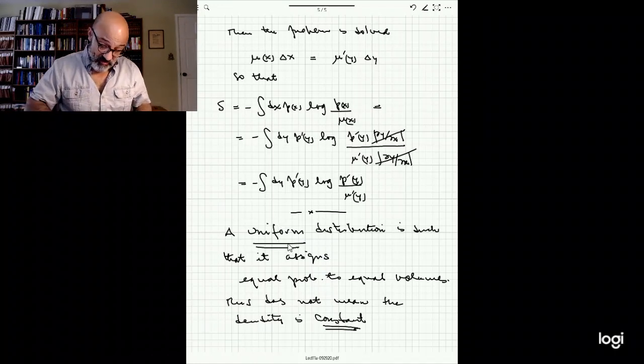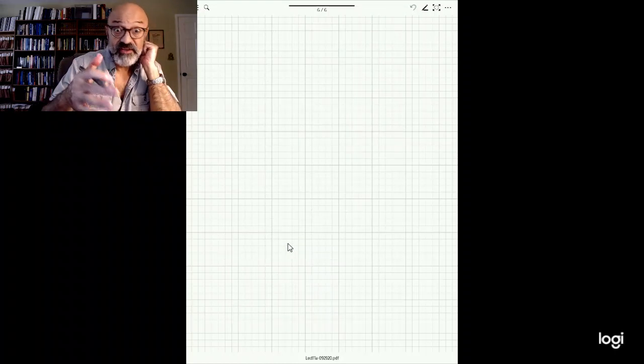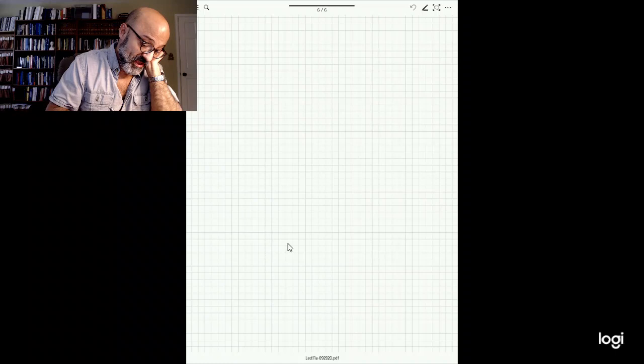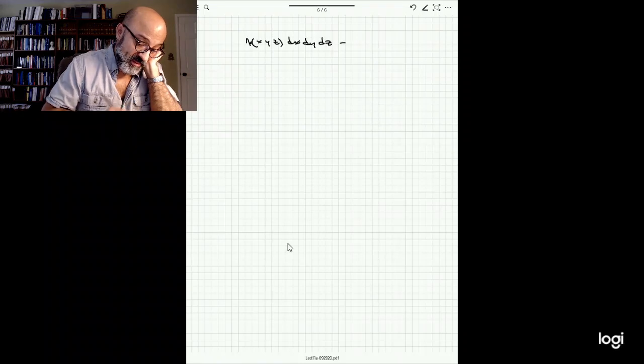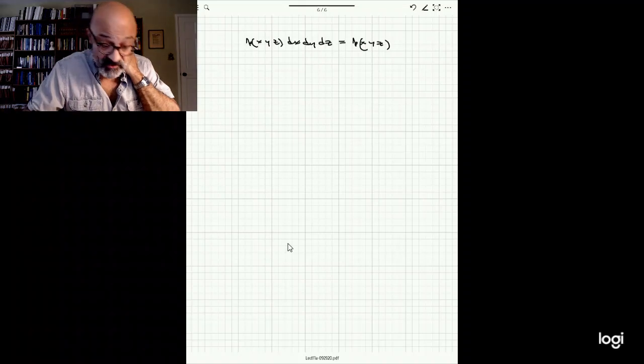So let me make that very clear now with the example of the spherical coordinates. If you have a probability distribution in Cartesian coordinates, x, y, z, and this is dx, dy, dz, then we're going to be able to write this as some kind of probability distribution. And now I'm going to change to spherical coordinates.